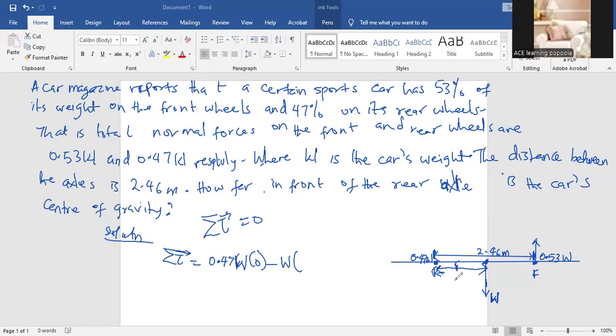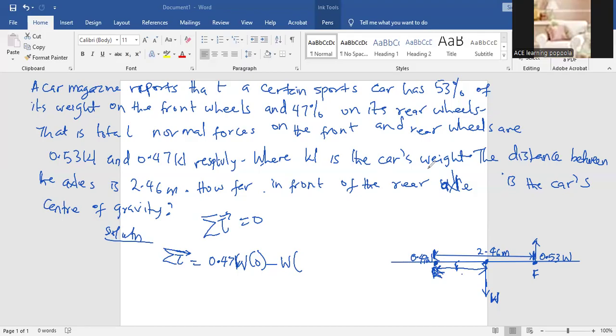Now, what are we doing? In solving this, let me explain something. We are taking the moment, or the torque, about this point, the rear wheel. I'm sure in secondary school you remember the sum of clockwise moments must equal the sum of anti-clockwise moments.